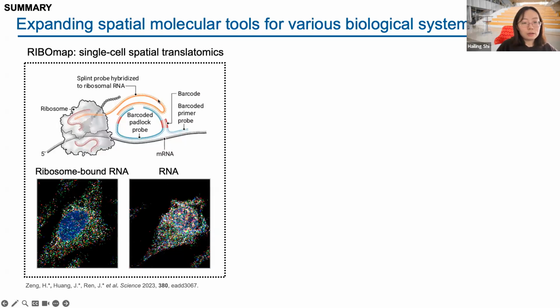In this tri-probe design, only the RNA that is bound by the ribosome will give signal, so we are able to read out the RNA that is being translated. There is a clear spatial pattern difference when comparing ribosome-bound RNA versus all the RNA, where the ribosome-bound RNA have a cytosolic preference in its spatial location.